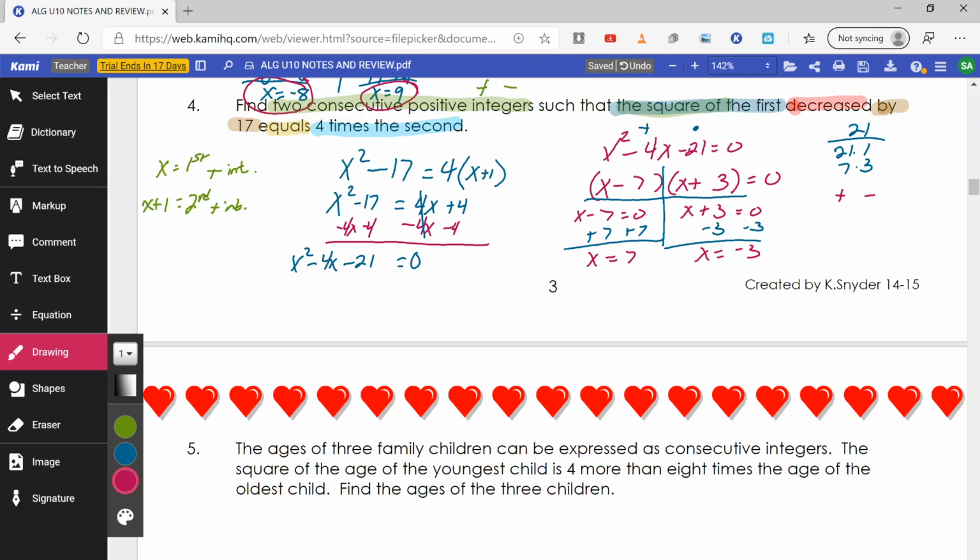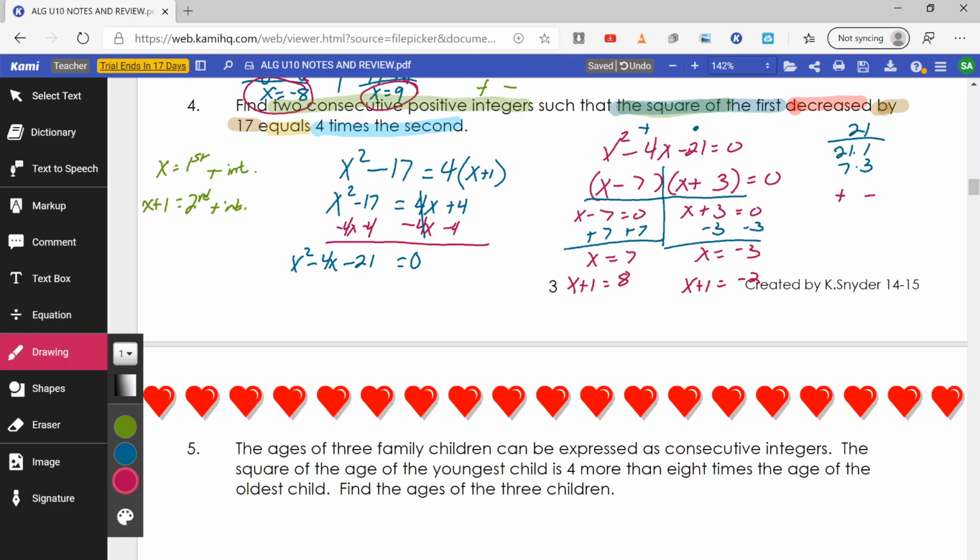Now this one actually had a stipulation. This one says I needed 2 consecutive even integers. So if I take a look at this one, x is 7. If I think about consecutive numbers, x plus 1, 7 plus 1 is going to give me 8. X plus 1 here, negative 3 plus 1 gives me negative 2. But I needed 2 consecutive positive integers.